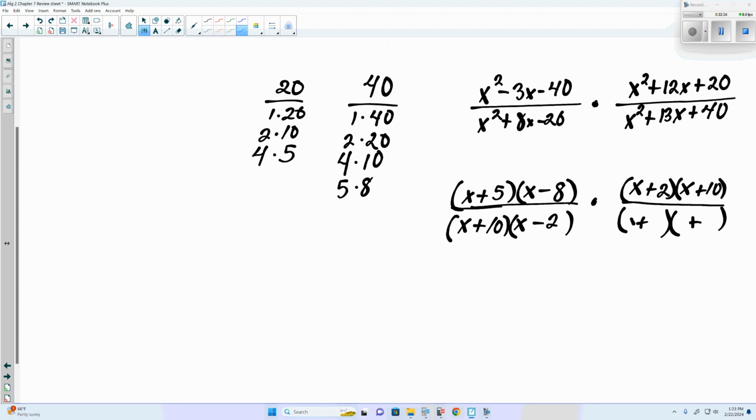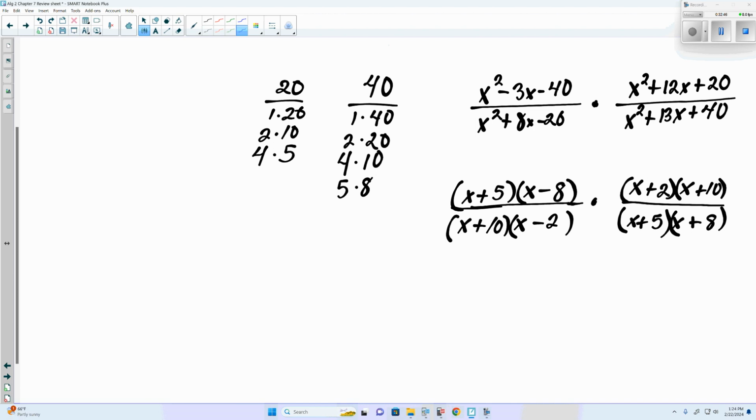Now the bottom one: third term is positive, signs are the same, match the sign of the middle term, plus and plus. Factors of x squared would be x and x. Oh, 5 and 8, because we're matching up with our other numerator.